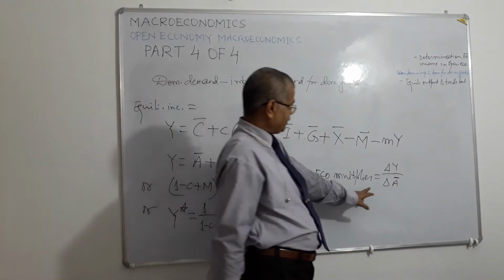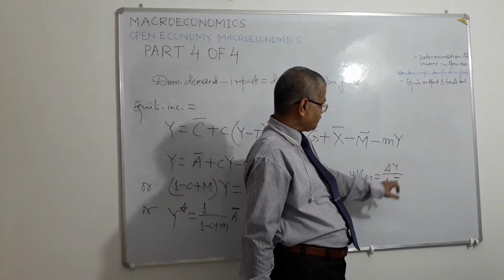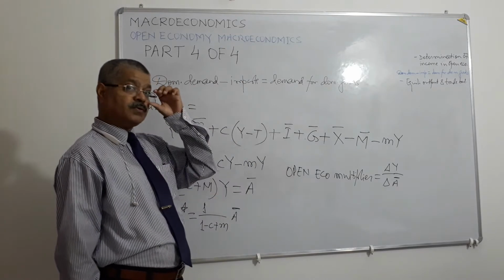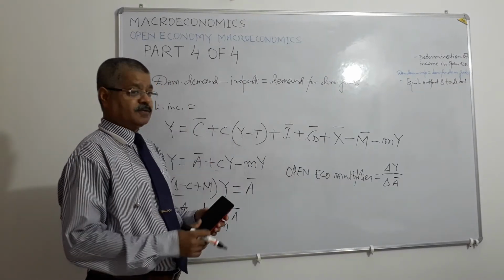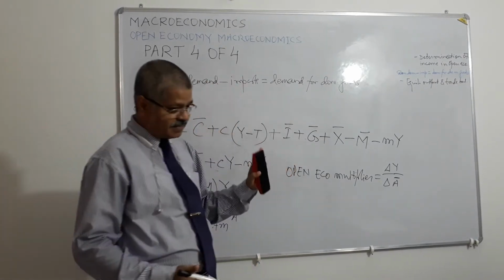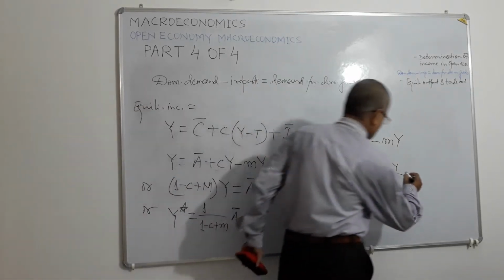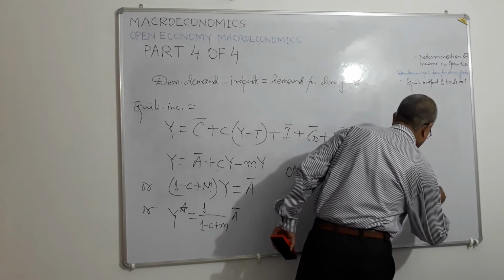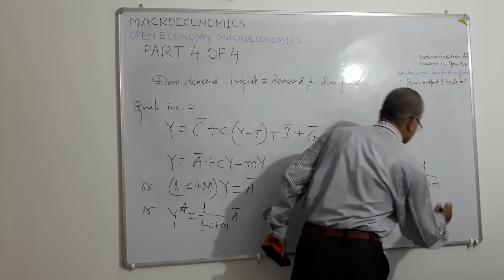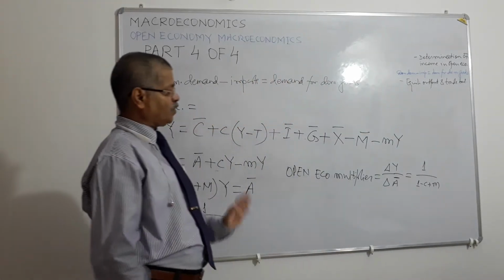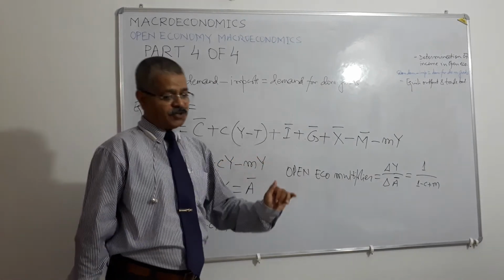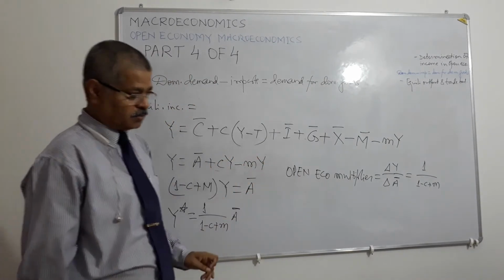Open economy multiplier is equal to change in domestic income upon change in sum of autonomous expenses, right? And this is equal to 1 upon 1 minus C plus M. 1 upon 1 minus marginal propensity to consume plus marginal propensity to import.